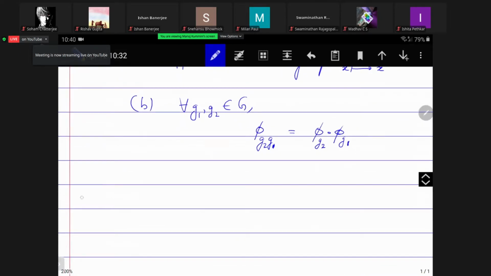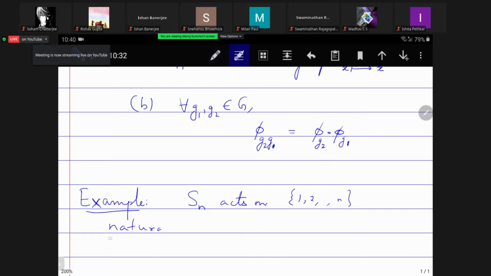So let us look at an example. In fact, the most canonical example. We'll see more examples after we make some remarks about this. S_n acts on the set containing 1, 2, through n, where a permutation corresponds to the function which does that permutation, in a natural way.